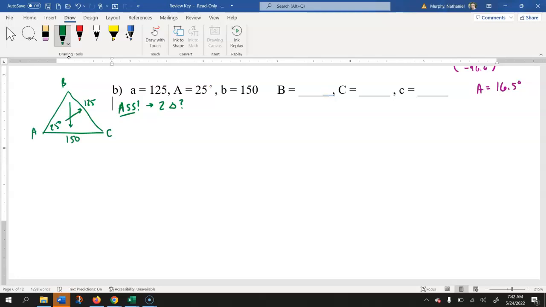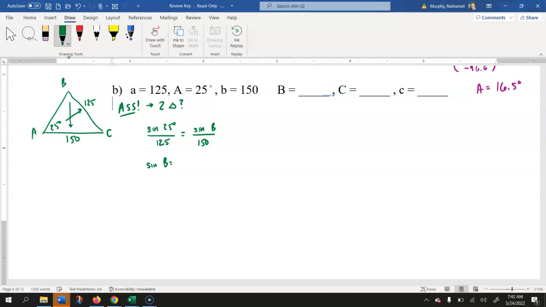I don't know angle B, but I know side B is 150. So I'm going to use that as my other ratio. So we're going to take the sine of 25 degrees over the side across from it, which is 125, is proportional to the sine of angle B over the side across from it, which is 150.